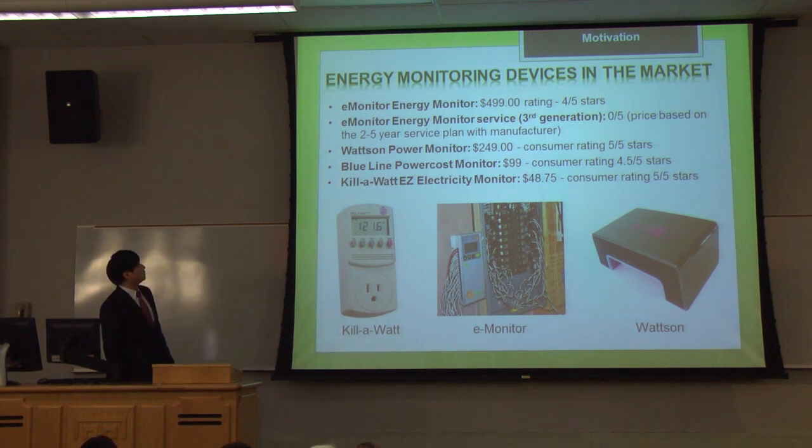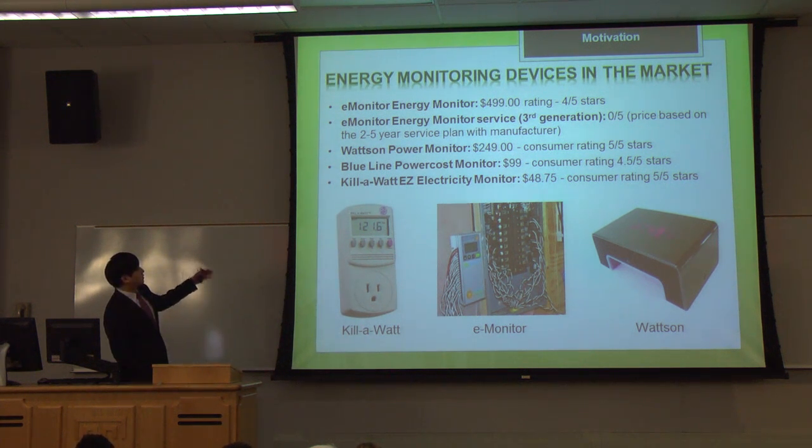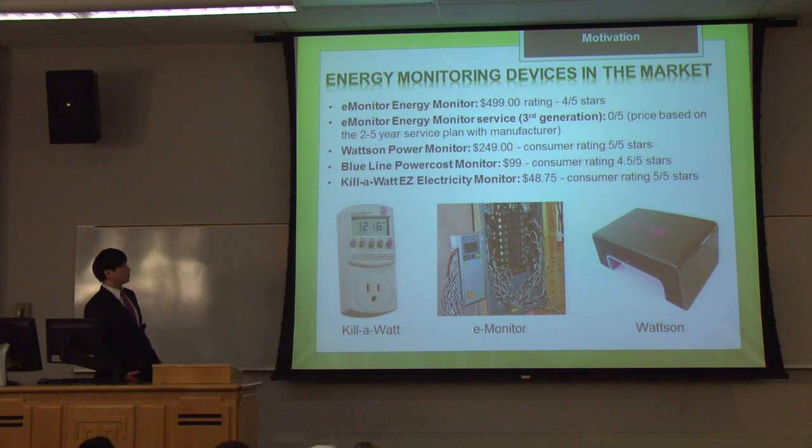So, these are the energy monitoring devices in the market. Cost and consumer rating for the E-monitor energy monitor service, Watson power monitor, Blue Line power cost monitor, and Kill A Watt easy electricity monitor.